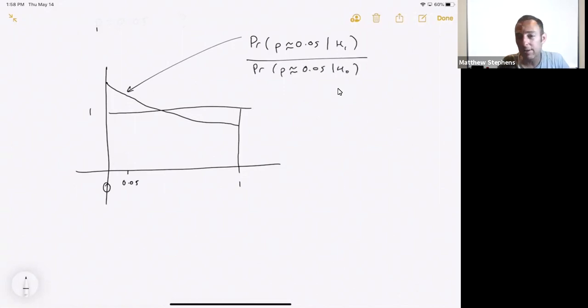Remember, that's just the likelihood ratio for the p-value, right? The p-value is your data, and you'll get a likelihood ratio here, which will be this height divided by this height, which is obviously slightly bigger than 1 in this example. So the question is, why is it intuitive that there should be a bound on what this ratio can be?